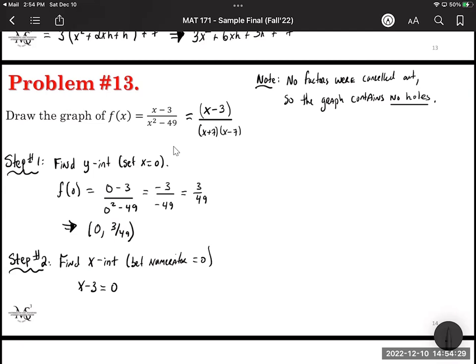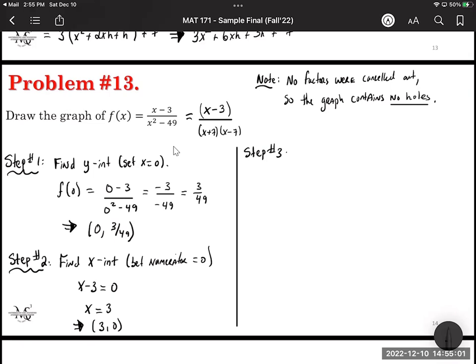So if I set x minus 3 equal to 0, then x is going to equal 3. So as an ordered pair, this is going to be 3, 0. That's our x-intercept. The graph will cross or touch the x-axis at 3, 0. All right, so we got the first 2 steps done.